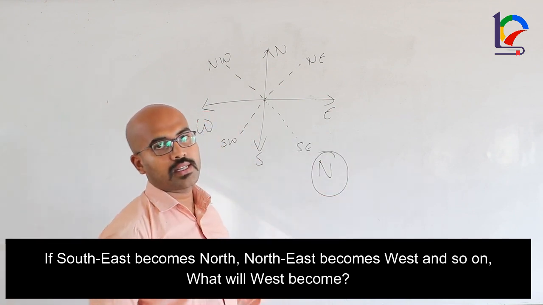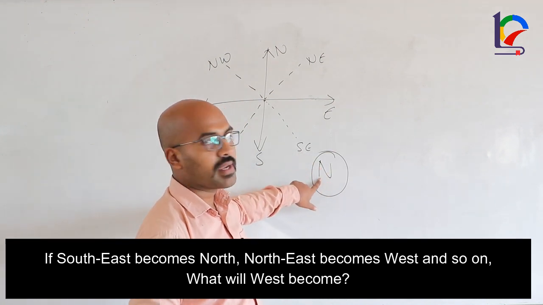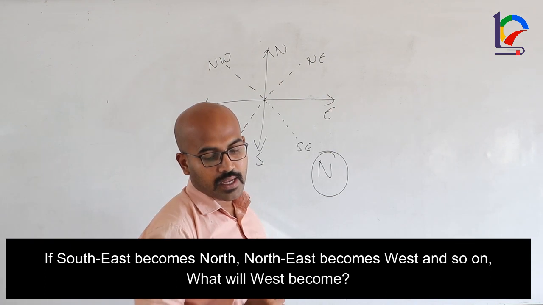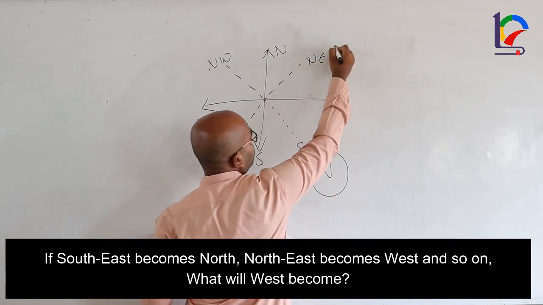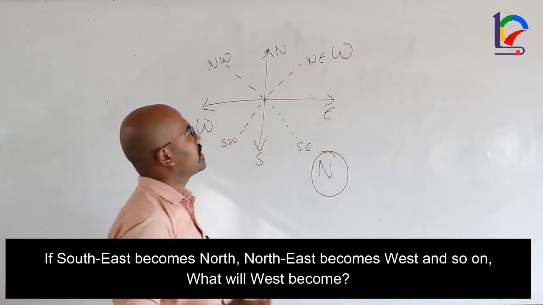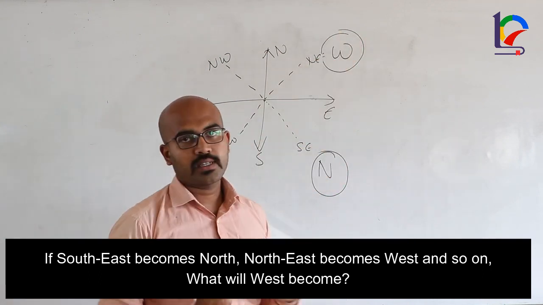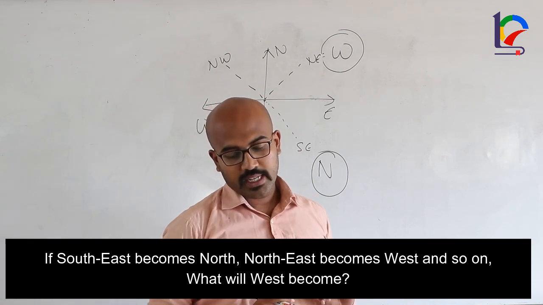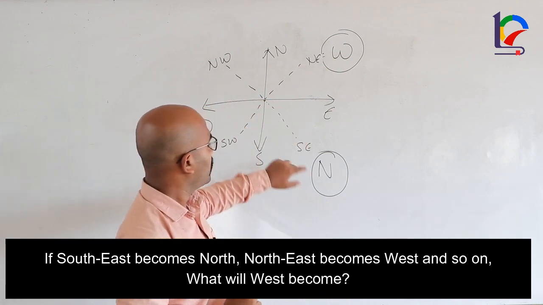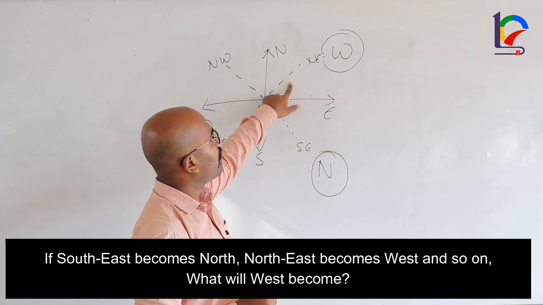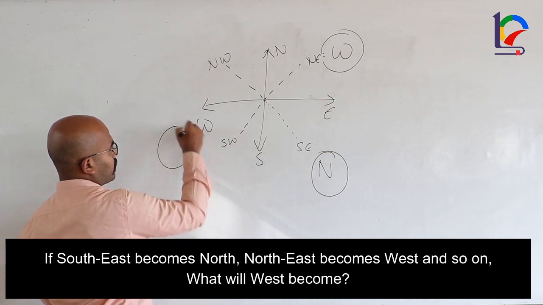So southeast is becoming north, and the second one is northeast becomes west. So northeast is becoming west. What they are asking is, what will west become?